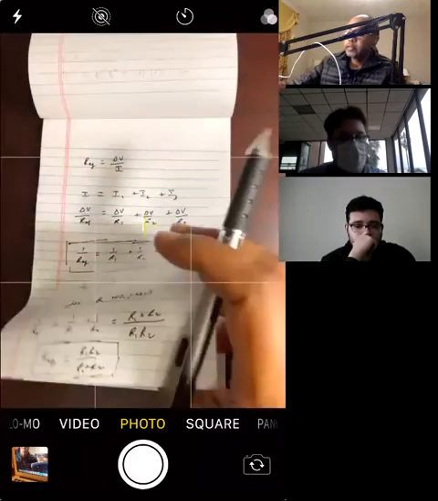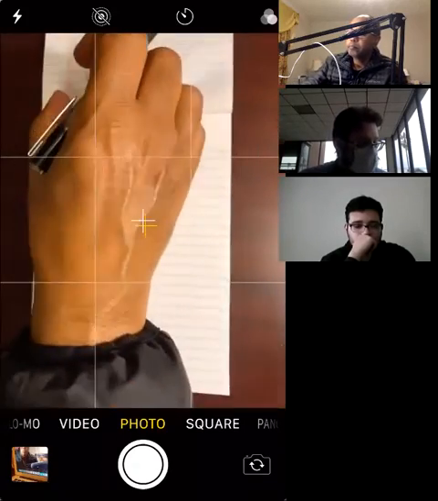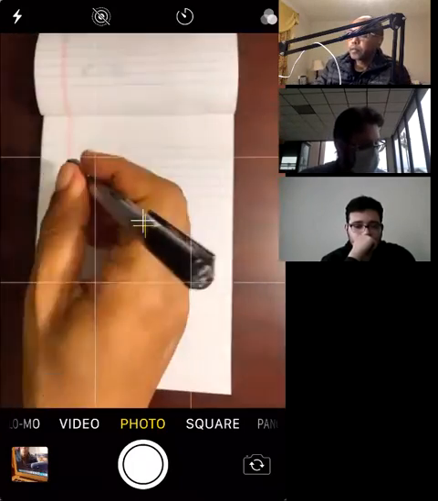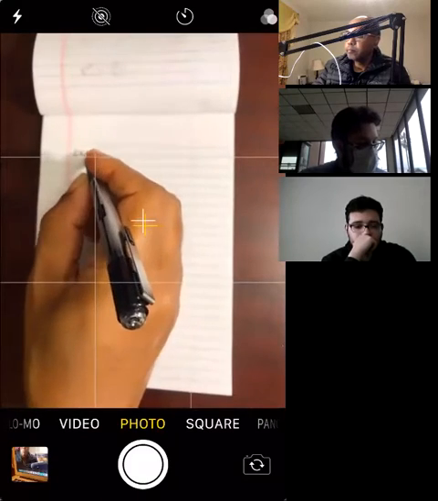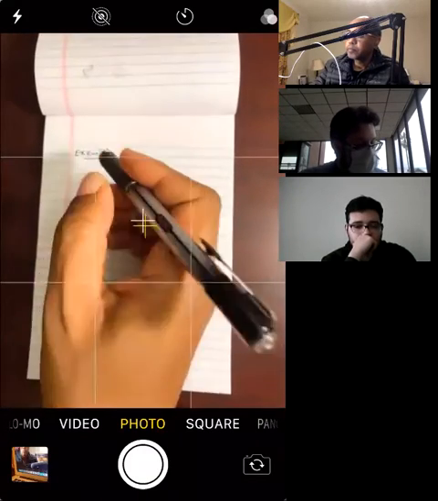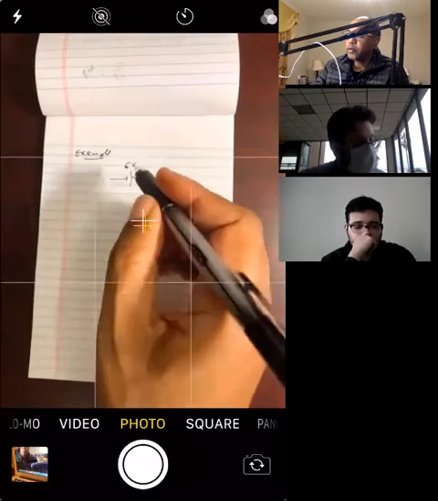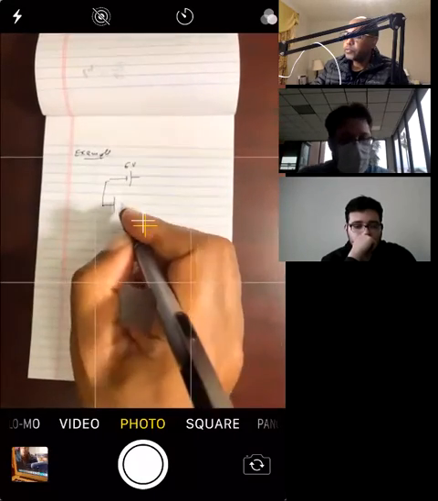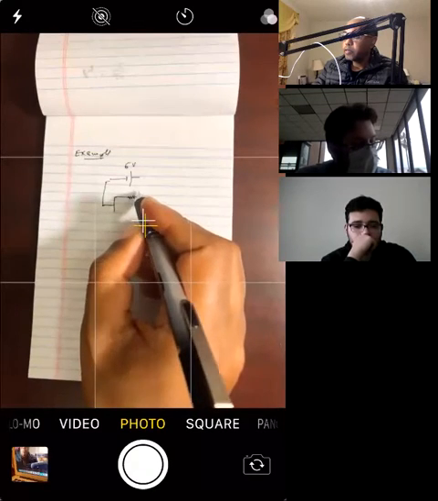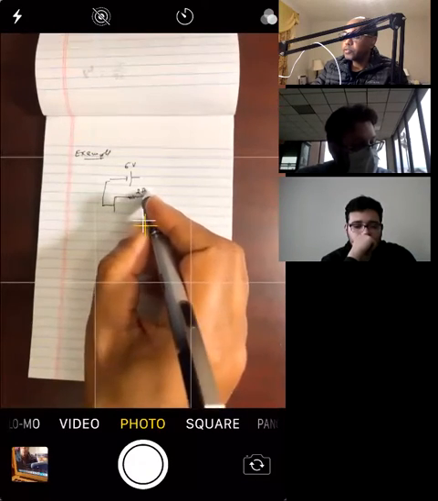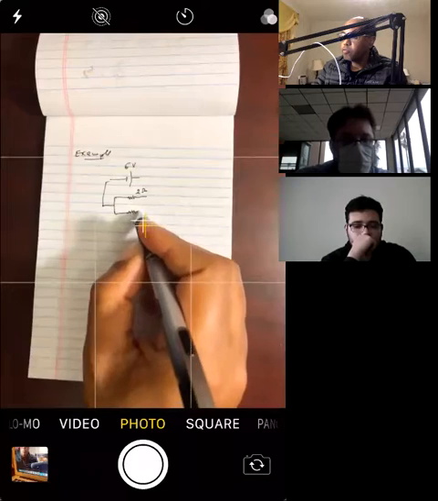So let's look at an example. Suppose we have a 6-volt battery, and then we have these 2 resistors. Let's say we have resistances of 2 ohm and 4 ohm over here.